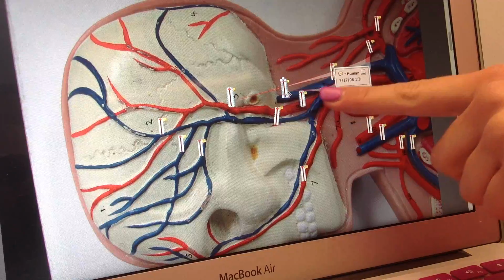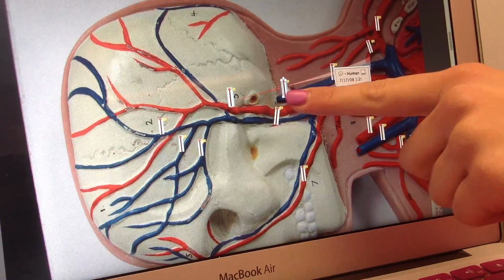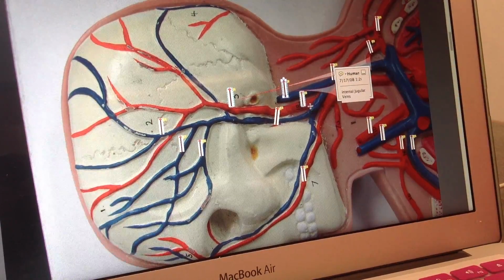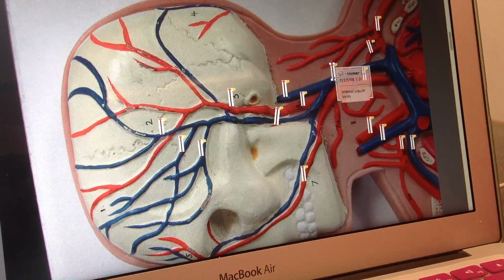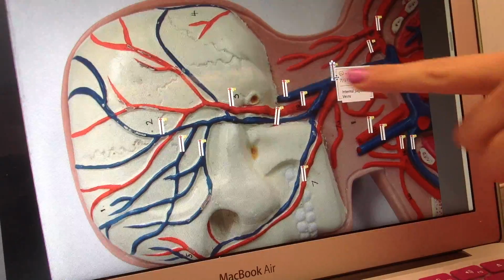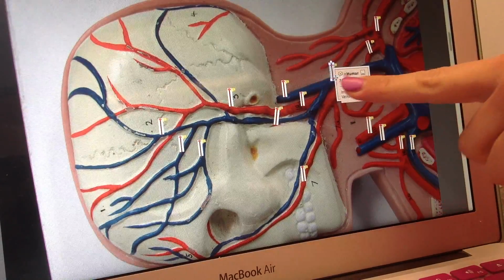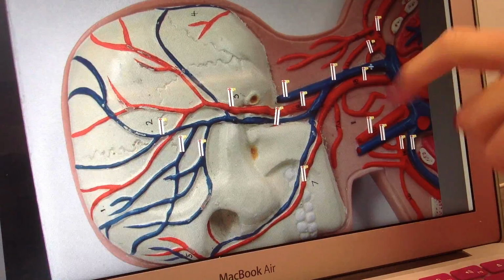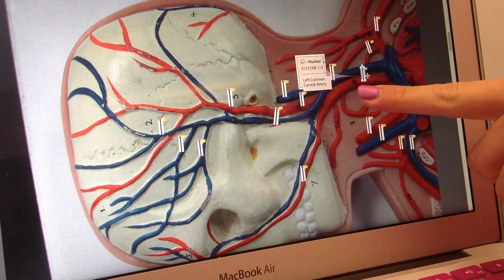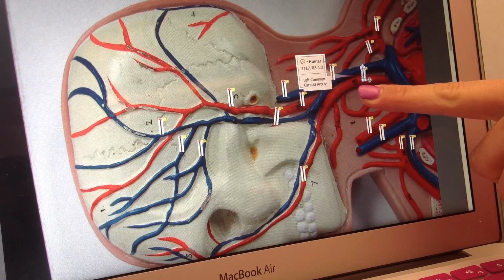So that vein right here is the internal jugular vein. Then, moving forth, we have the internal jugular vein, which goes down. So right here, it keeps going. And then we have the one that runs along it, which is the left common carotid artery. The left common carotid artery.